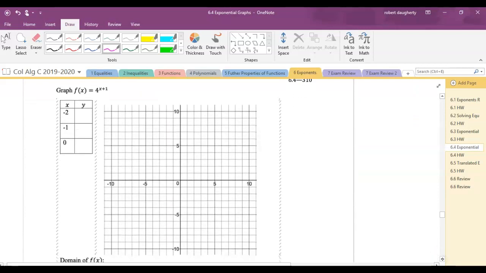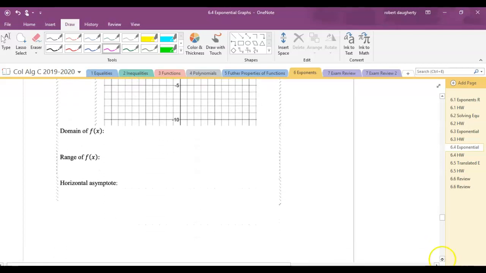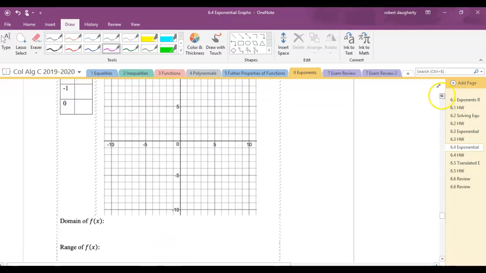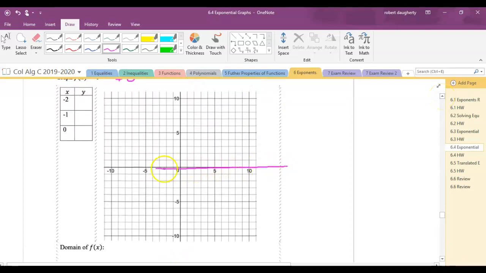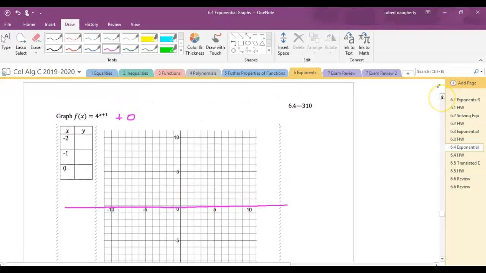Okay, before I do this one, what is the horizontal asymptote? Yeah, there's a 0 off to itself here. So y equals 0 is the horizontal. And I can go ahead and graph that. Now, the exponent is x plus 1.